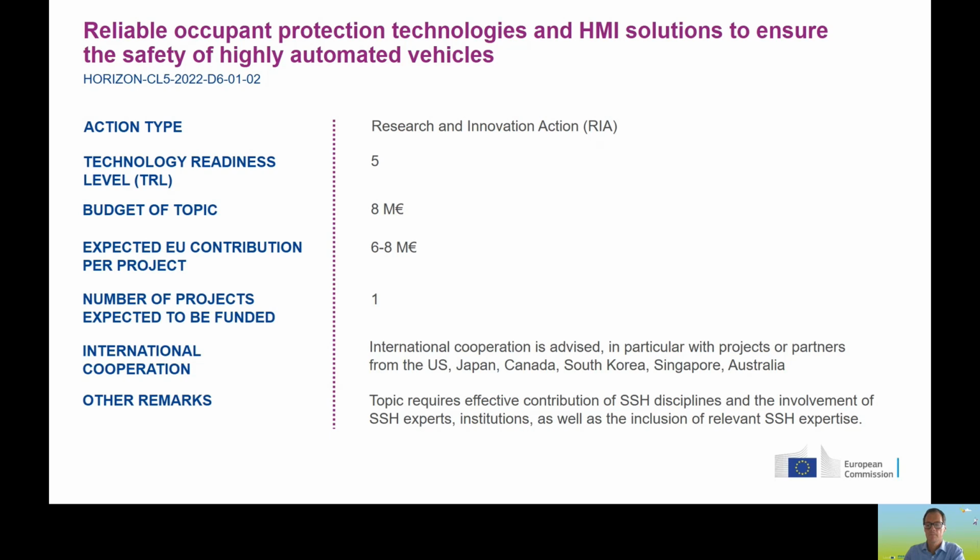There may be different seating arrangements, which would also lead to different requirements. And also new advanced human-machine interface solutions as enablers for safe and efficient coexistence and interaction of these CAVs with other road users should be one of the outcomes. So it's not only related to the persons in the vehicle, it's also to traffic participants outside of the vehicle.